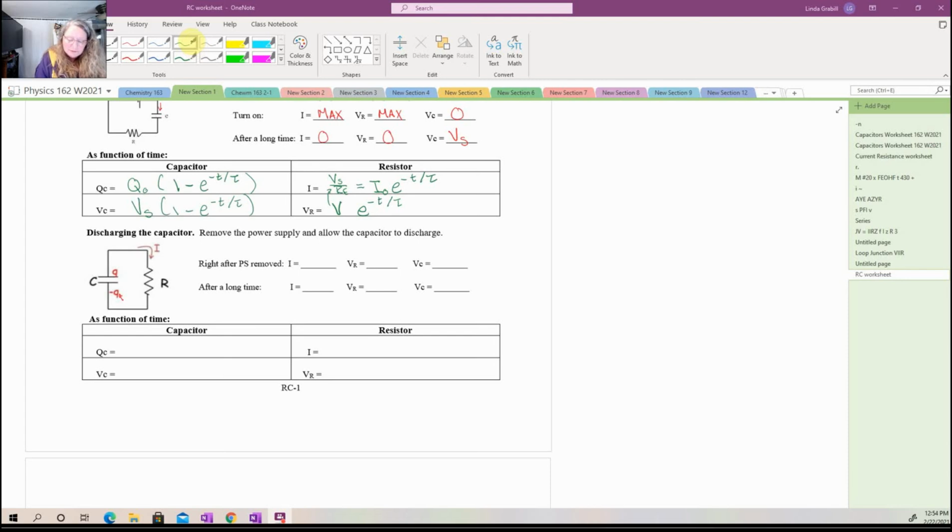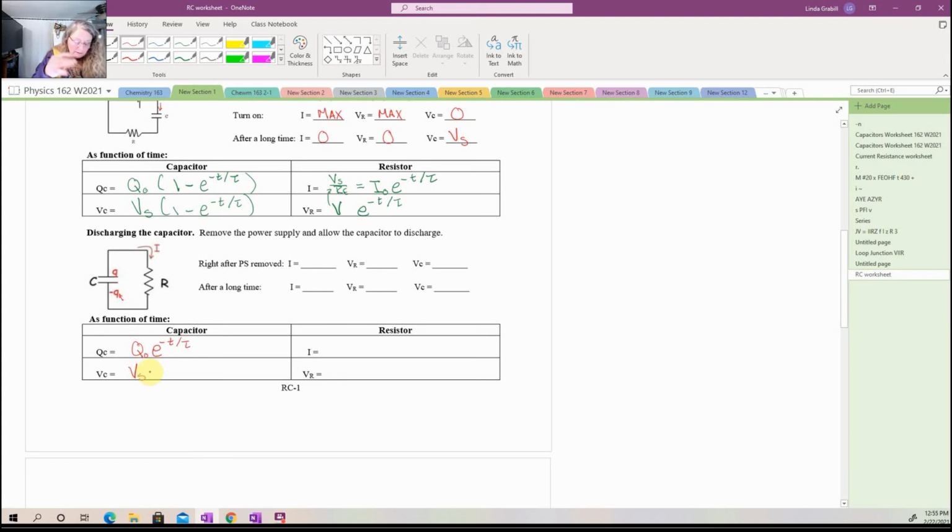So at t equals 0, e to the negative t over tau becomes 1. So I would be at a maximum. I would have the maximum amount of charge at time 0. And then I'm going to have an exponential decrease in that amount of charge. The battery or voltage source, same thing, the voltage drop across the capacitor is going to be the voltage source.